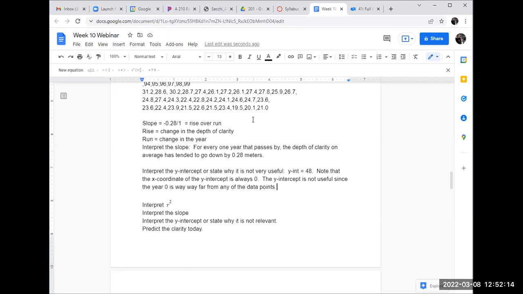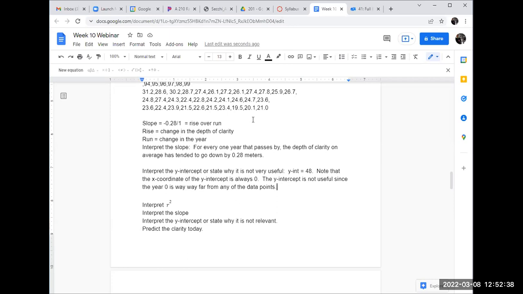If we did the same experiment, but we found -30 for the y-intercept. Yeah, you can't have a clarity above the surface of the water, right? That doesn't make any sense. So sometimes the y-intercept doesn't make any sense, sometimes because the value doesn't make sense. Sometimes the number 0 doesn't make any sense.